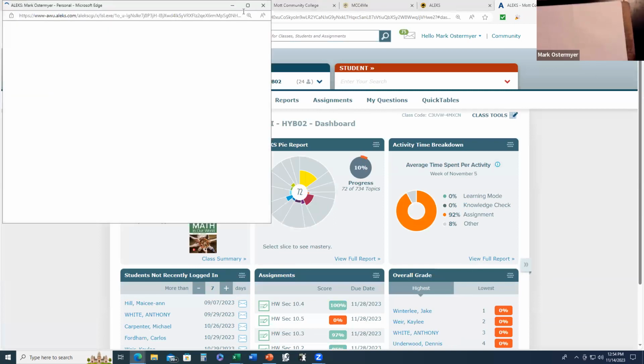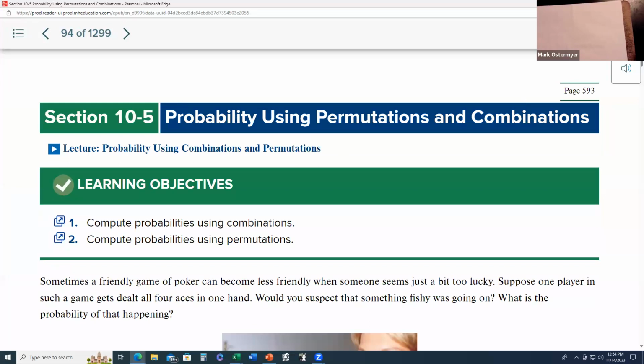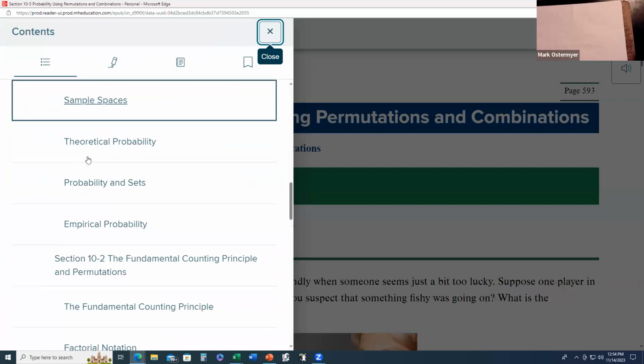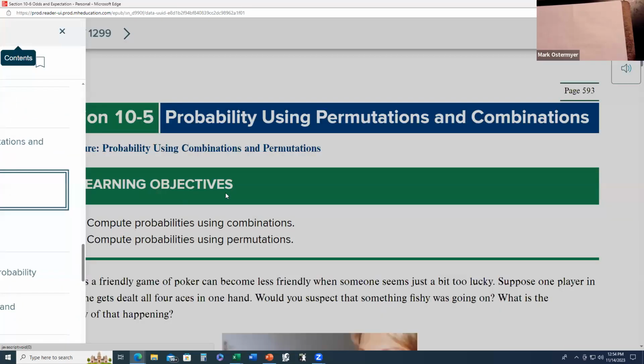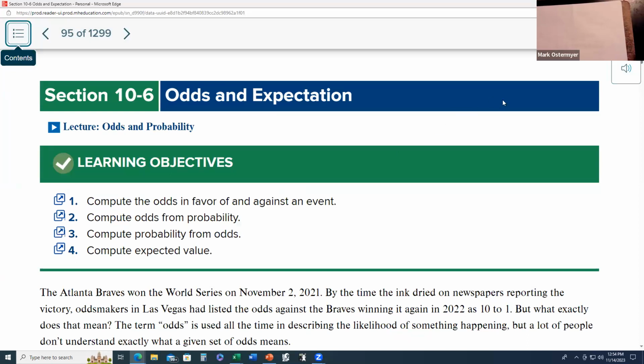These problems are going to be coming from section 10.6 in our textbook. 10.6 is entitled Odds and Expectation.